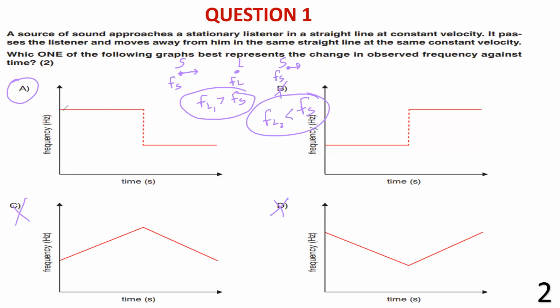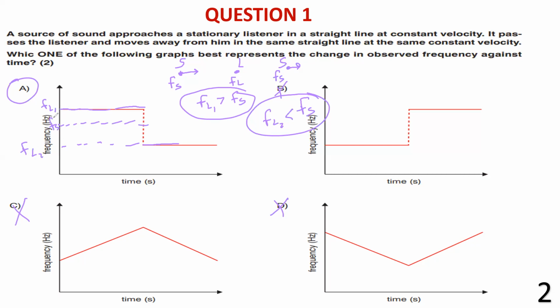So firstly higher frequency and then lower frequency. So this is our FL1 and then this is your FL2. Where is our Fs between these two? We can just show Fs.